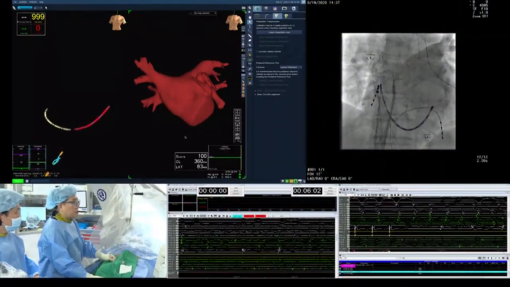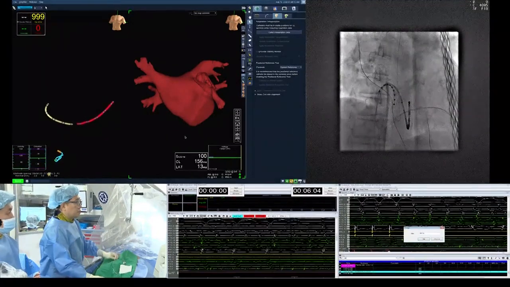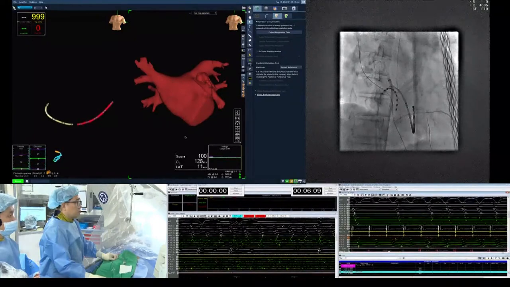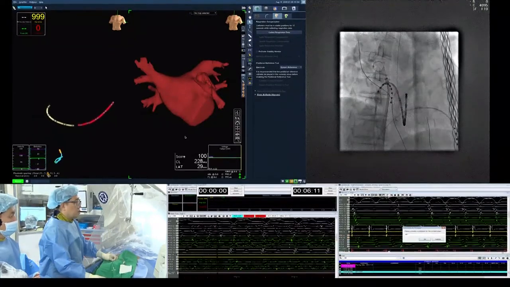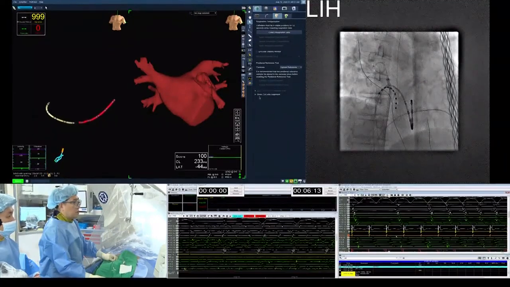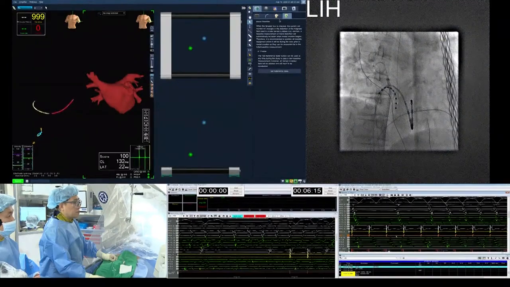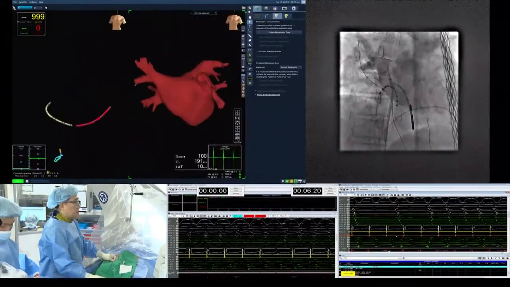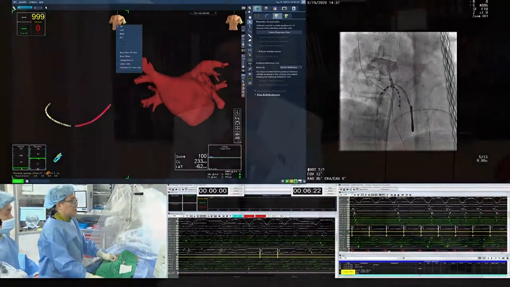And move to the RAO view, one more shot, when you put your pigtail catheter on the right superior pulmonary vein. Pacing, and yeah, so you can imagine where the location of the right inferior pulmonary vein ostium is.